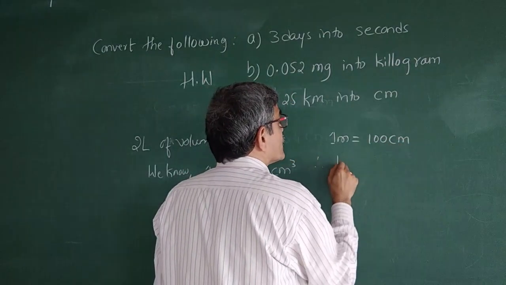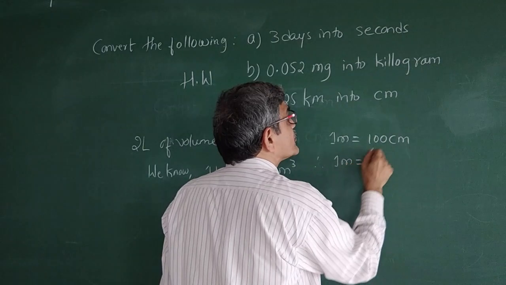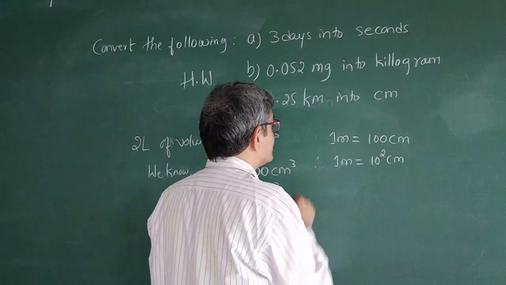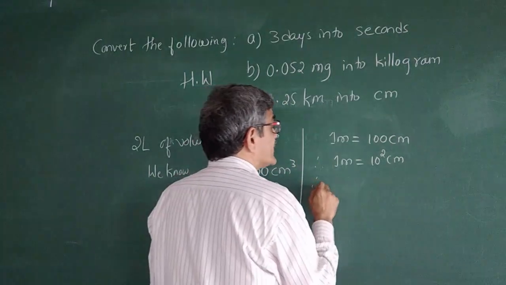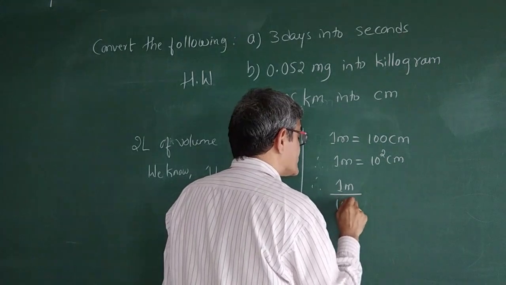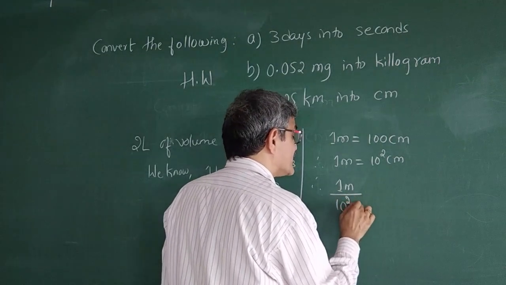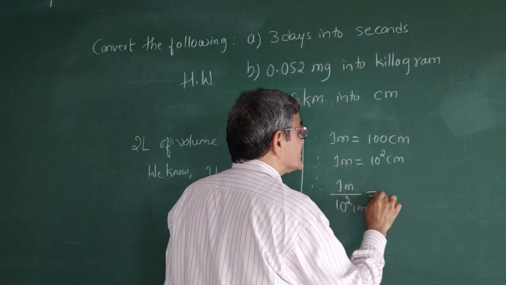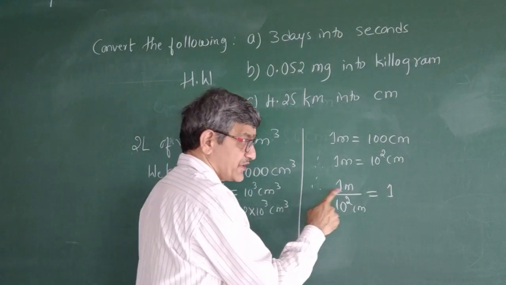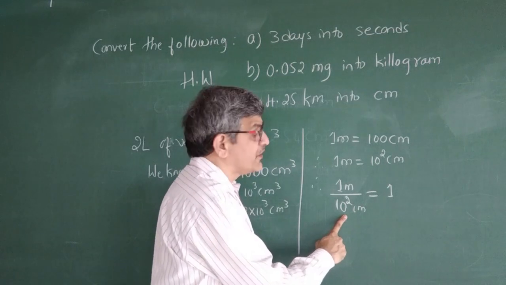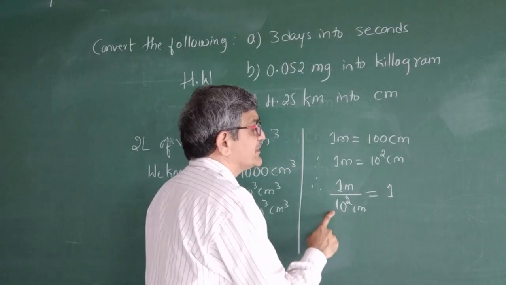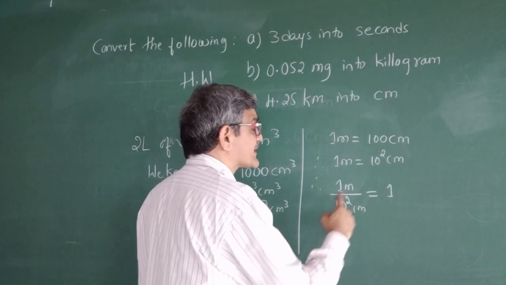Therefore, 1 meter equal to 10 raised to 2 centimeter. Next, 1 meter divided by 10 raised to 2 centimeter equal to what? 1, unit factor. 1 meter divided by 100 centimeter is nothing but the same number. Therefore, it is 1. This is now the unit factor.